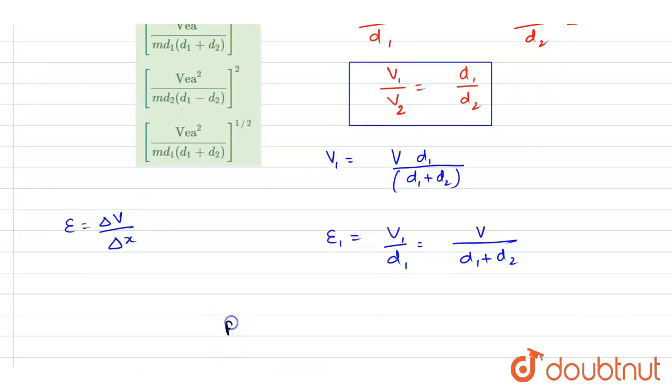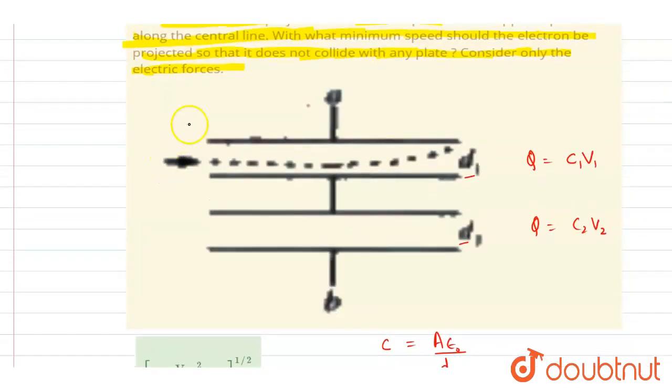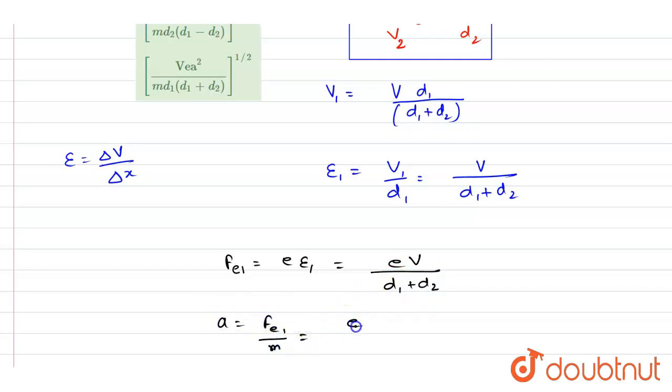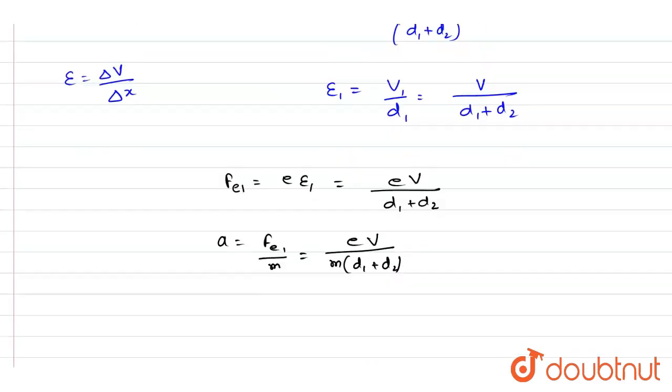So we will write the electric force between the first capacitor plates, if the electron is thrown here, right, this is the first capacitor, so it will be equal to this. And the acceleration is electric force by mass, it is this.